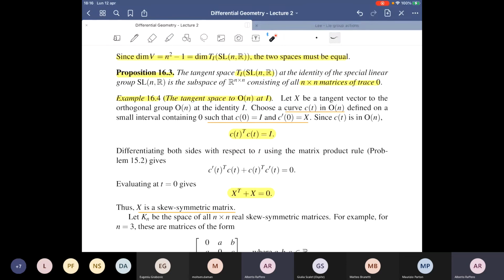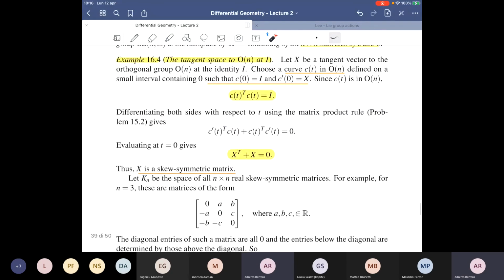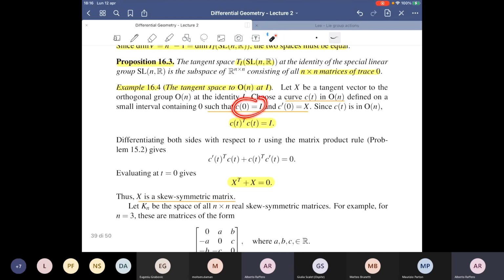Differentiate both sides, evaluate at t equals 0. You differentiate using the chain rule we used before, evaluate at t equals 0 and recall that c at 0 is the identity, and you will end up with this condition here, which tells you that the matrix has to be skew symmetric.